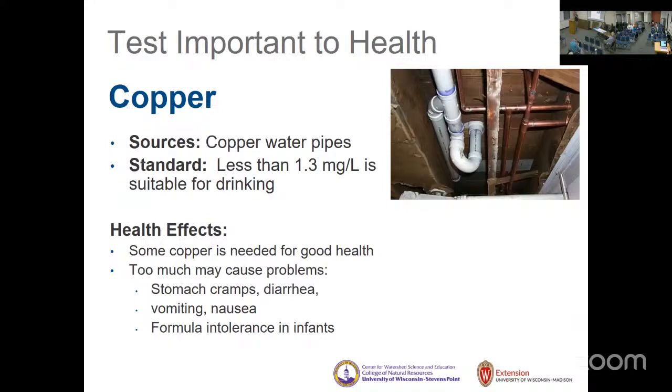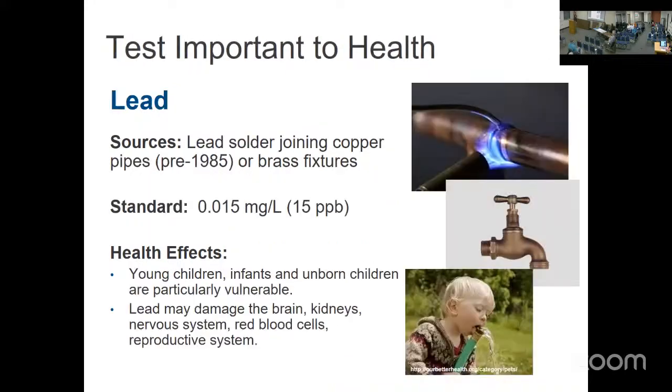I mentioned copper. The standard for copper is 1.3 milligrams per liter. So again, water sitting in contact with copper plumbing can sometimes dissolve unsafe levels of copper, causing things like stomach cramps, diarrhea, vomiting, or nausea. And then lead, prior to 1985, they used lead solder to join together copper plumbing.